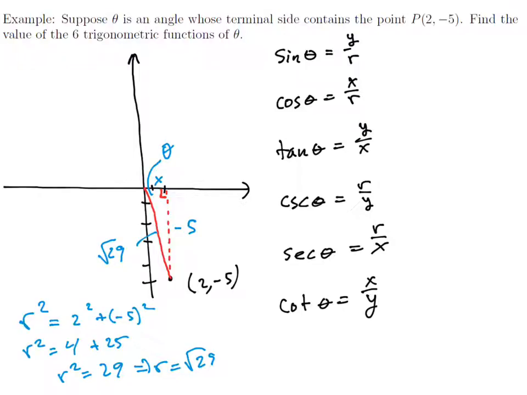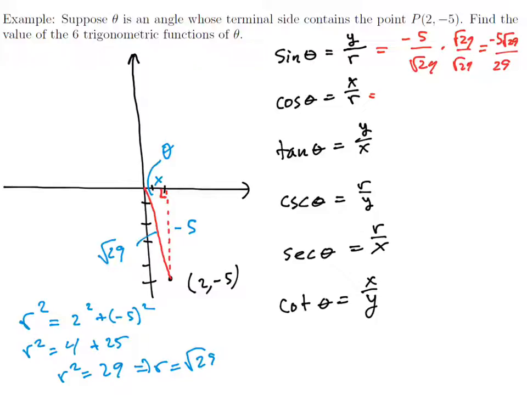Now once we have all three sides of this triangle, in other words, once we have x, y, and r, we can go ahead and find the trig function values for this angle. So sine theta is y over r, so that's -5 over square root 29, and again we need to rationalize, so we get -5 square root 29 over 29.